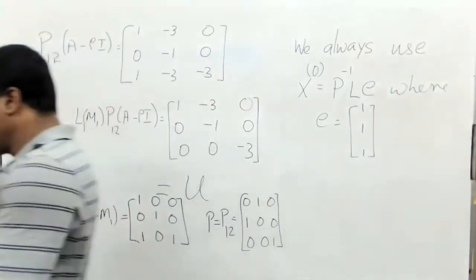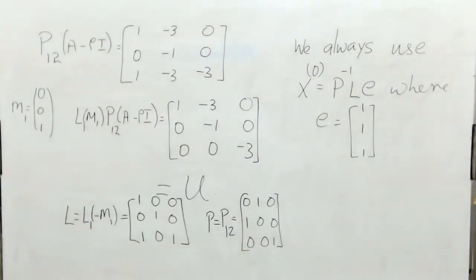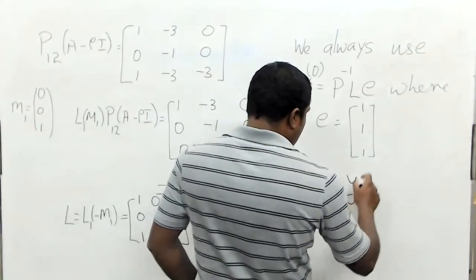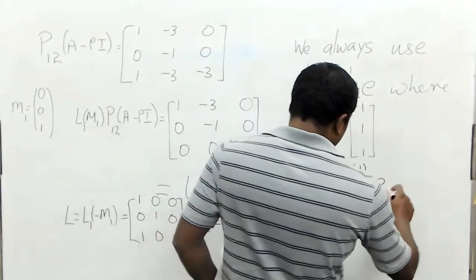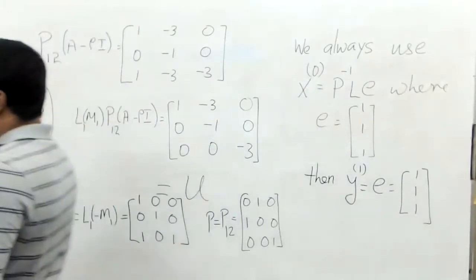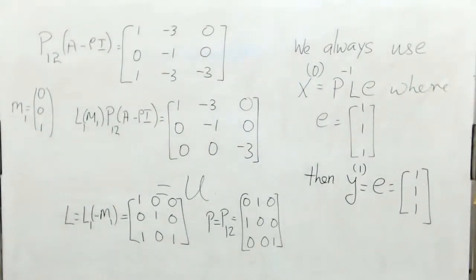We always use the initial value x naught as P inverse L times E. So in that case, if you choose P inverse L times E, then always you will get y1 is equal to E. So you can check this out.